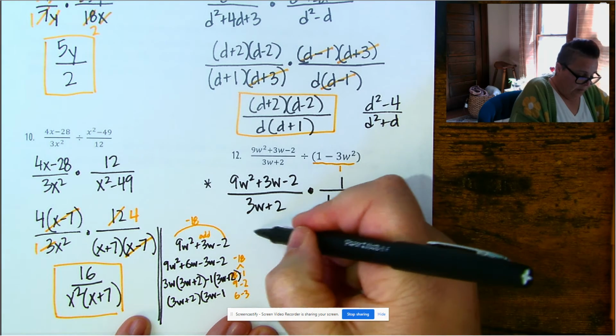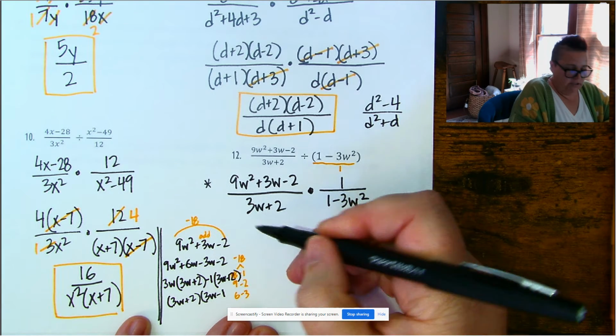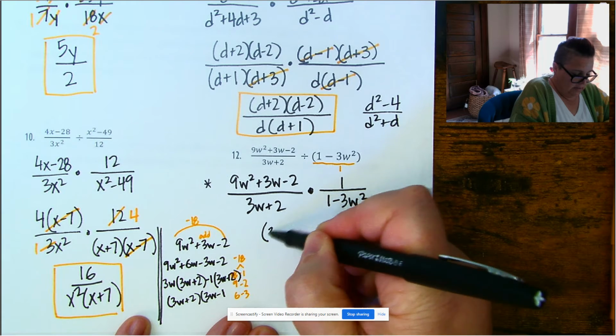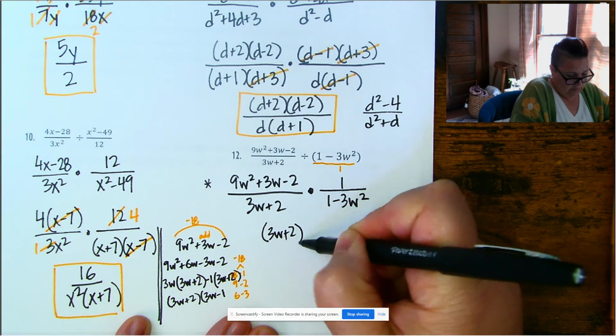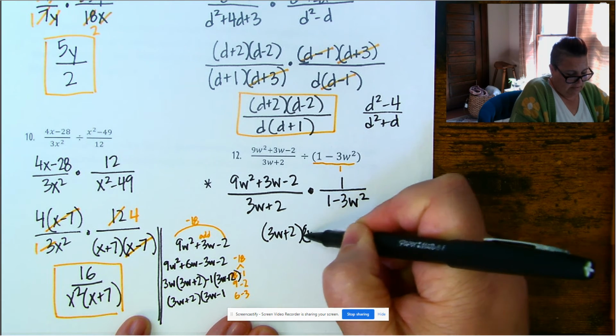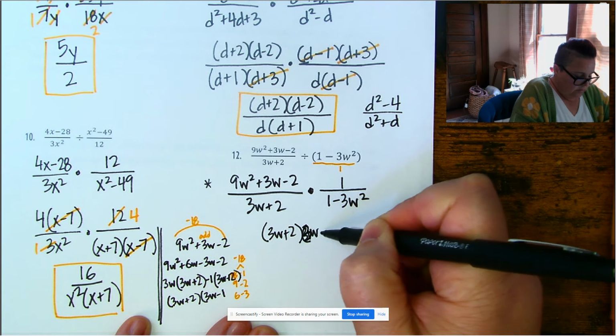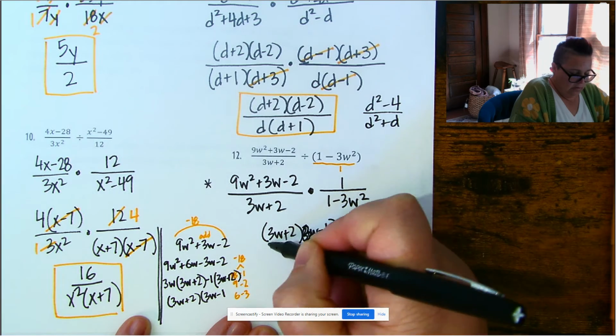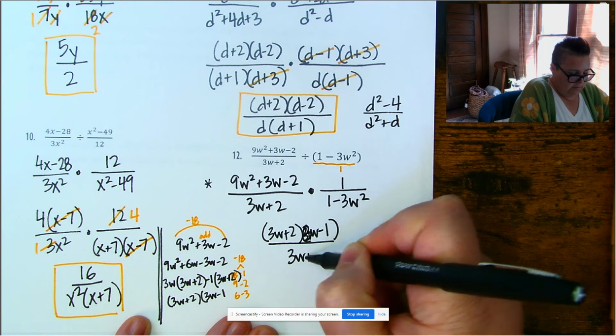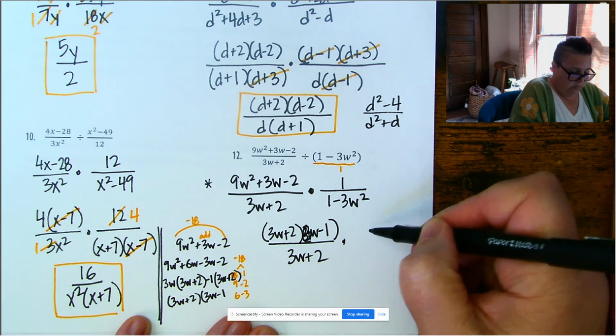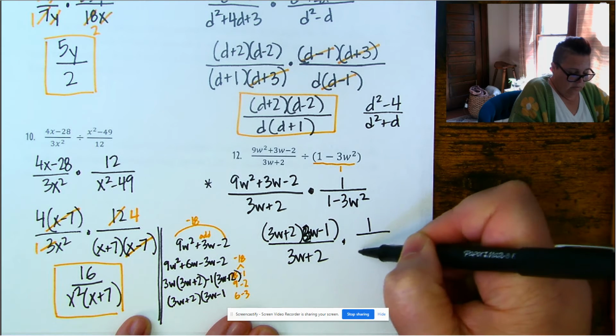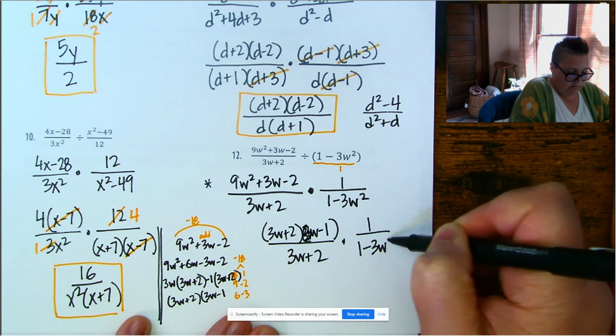All right. So I got to squish a little bit, but I'm going to get 3w plus 2 over 3w minus 1, over 3w plus 2, times 1 over 1 minus 3w squared.